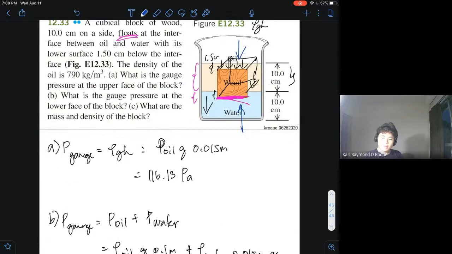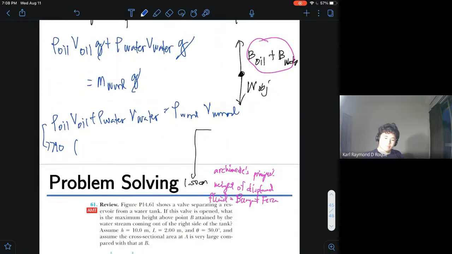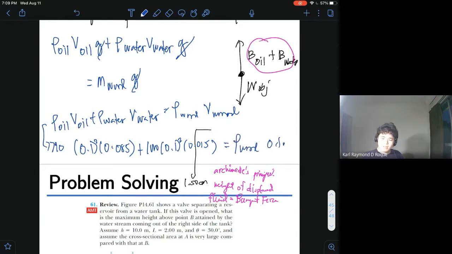Ito, ano yung volume nito? 0.1 squared times 0.085. Plus 1,000 times 0.1 squared times 0.015 equals density wood, V wood, 0.1 meter cube. Solve.